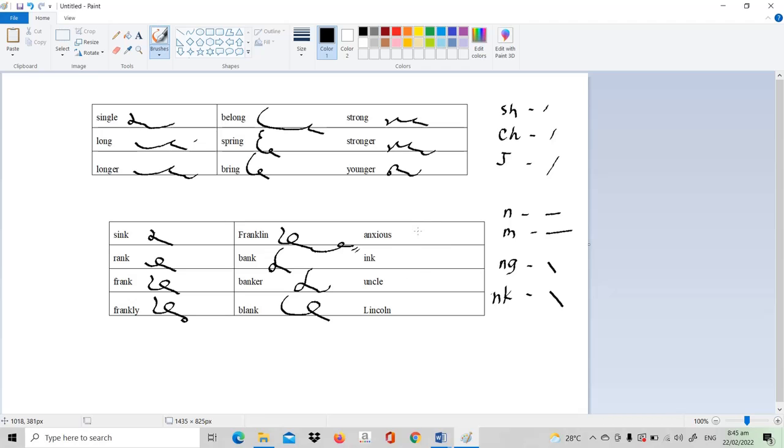Wait, bakit may yun pala, anxious. Hindi siya anxious, it's anxious. Ay, nako. We have A-N-K.